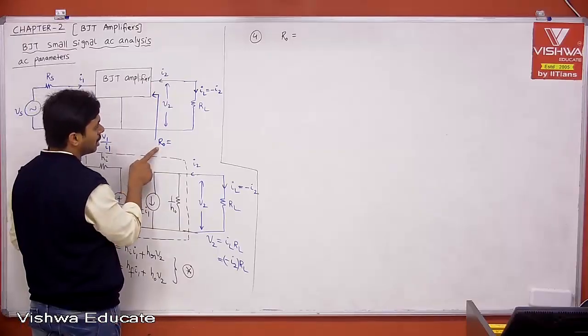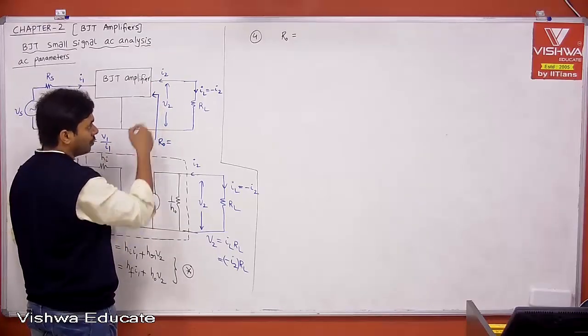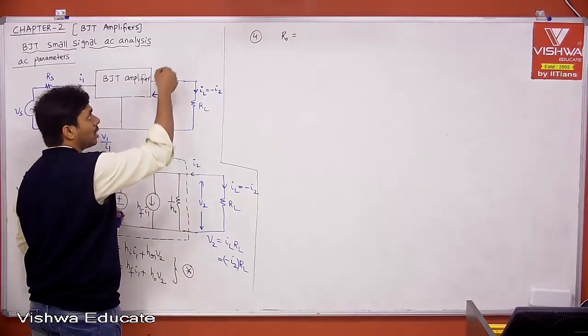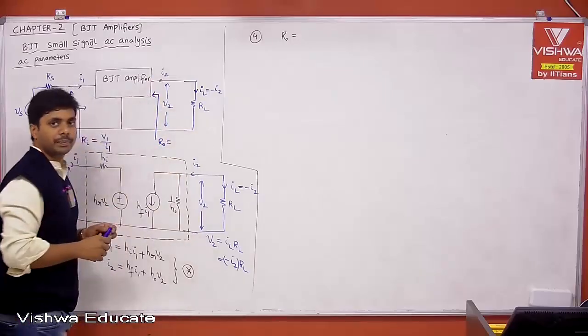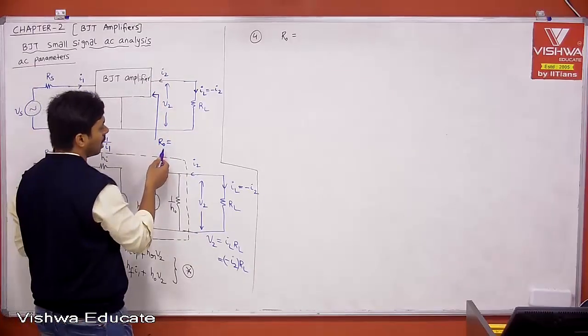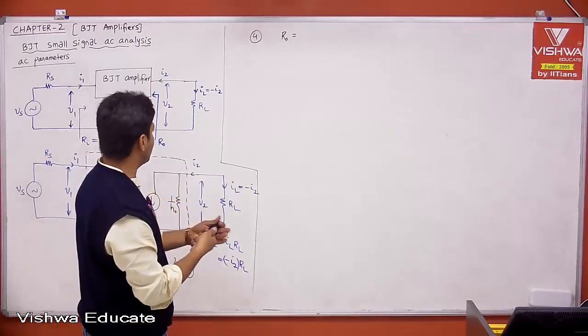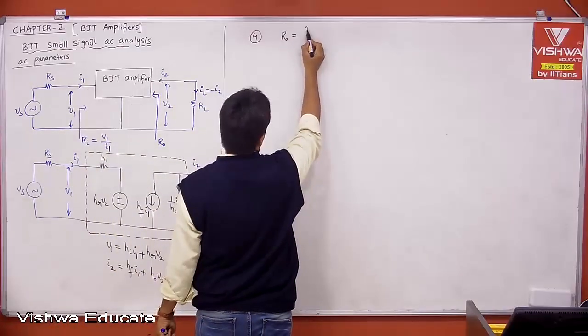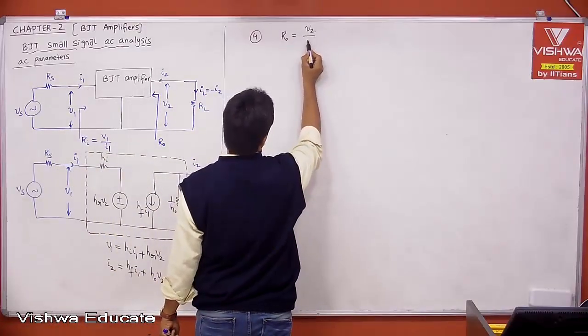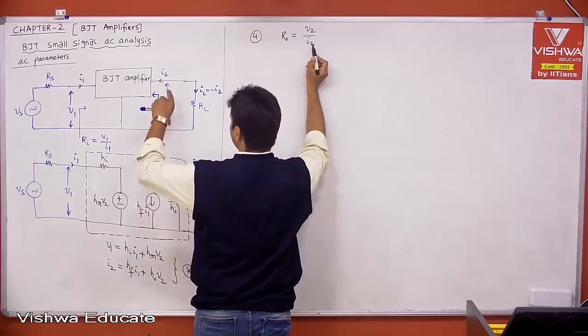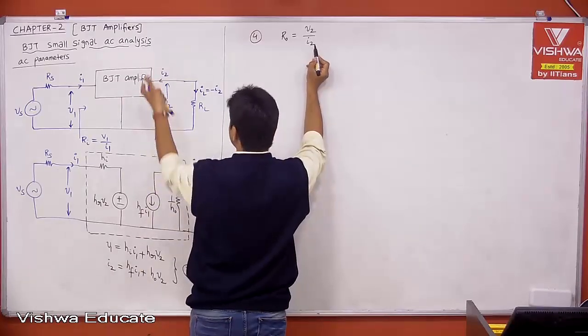Therefore, R0 is nothing but the V2 which we applied, and I2 is the current because of V2 only. So the R0 definition is V2 divided by I2, because when you apply a voltage, the current you get, voltage by current, is your impedance.